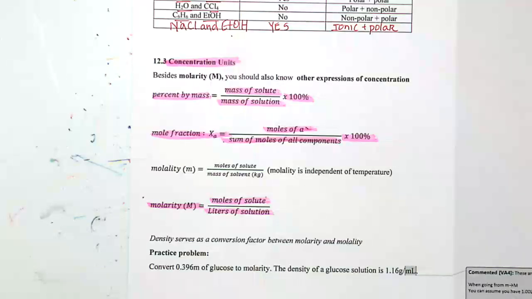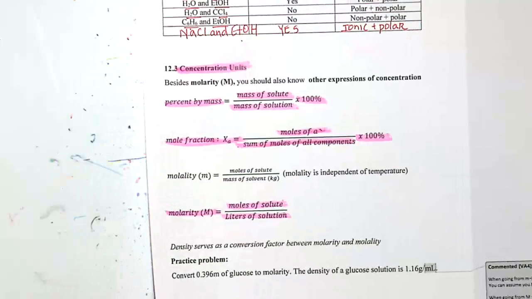So all of these are units that tell us how concentrated something is, just the same thing as when you get your blood report back. Your glucose is measured in, I don't know, milligrams per milliliter or milligrams per kilogram body weight. So there is some way to measure how concentrated something is.